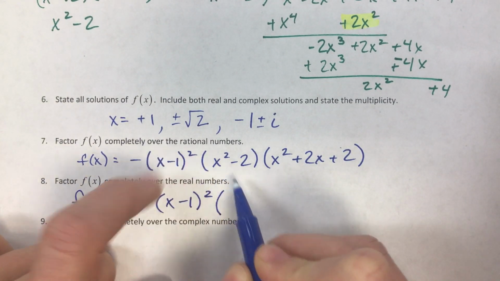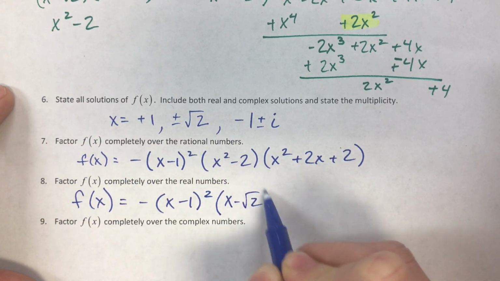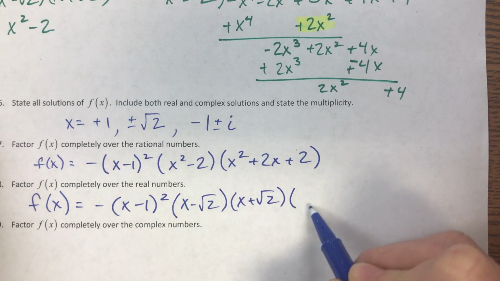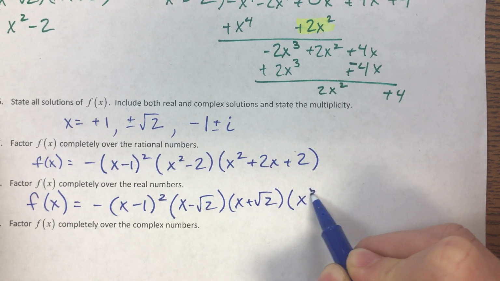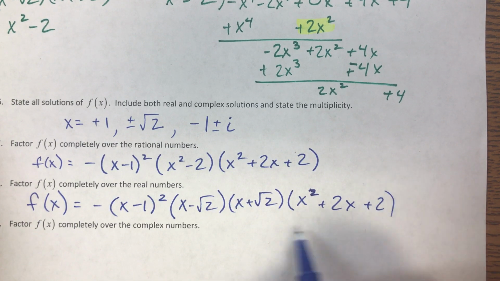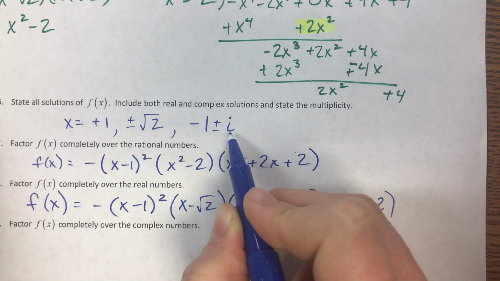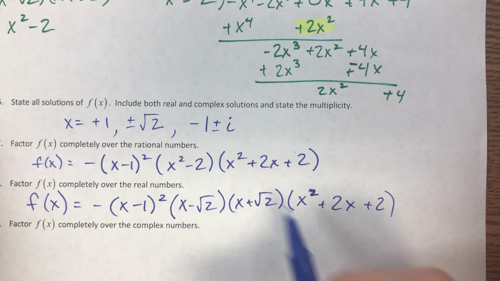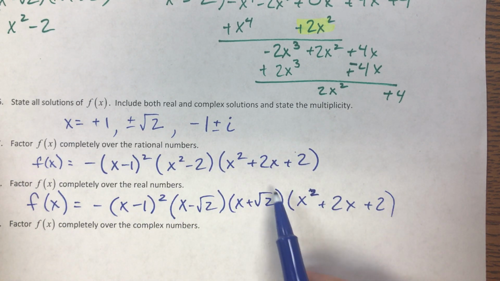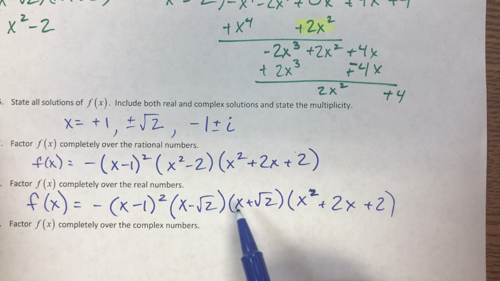Now this one right here can now become x minus root 2 times x plus root 2. And this is x squared plus 2x plus 2. Because if I try and break this one down any farther, I would get these zeros, which are not real. So everything here, all of my coefficients, these 2 are no longer rational, but they're still real.